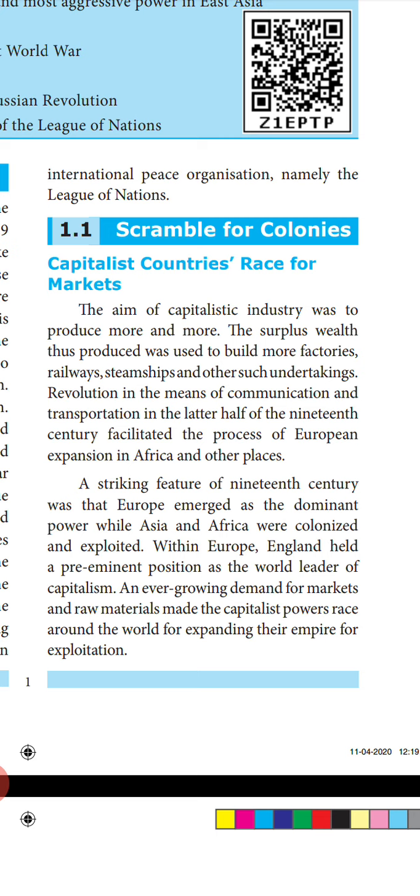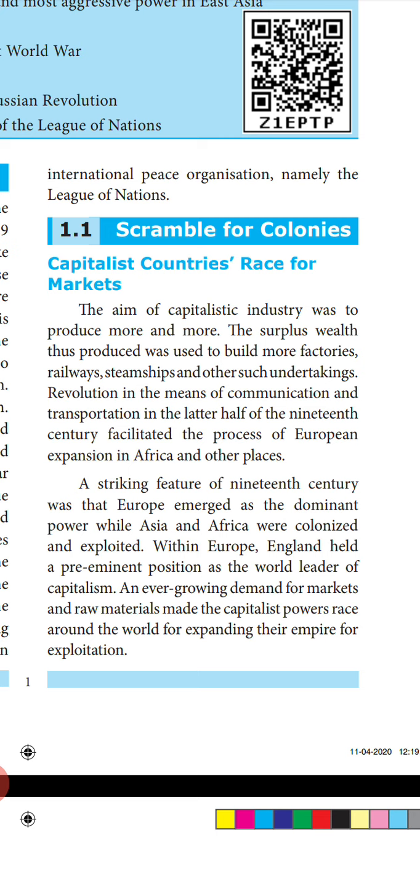An ever-growing demand for markets to sell their goods made the capitalist powers race around the world, expanding their empires and exploiting other countries.